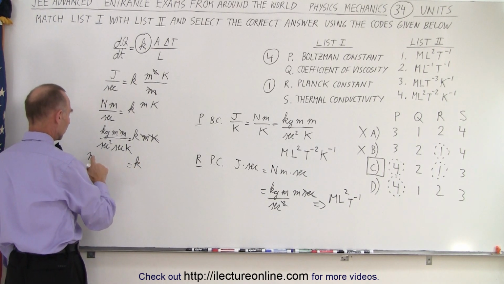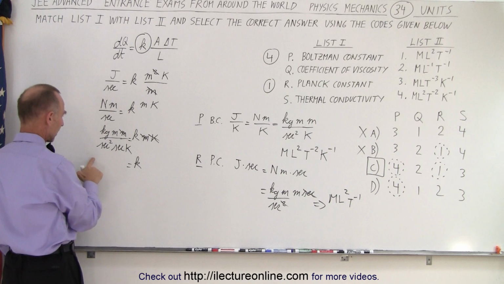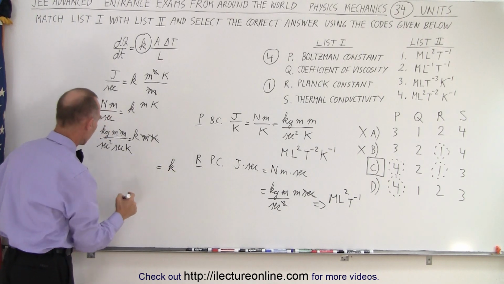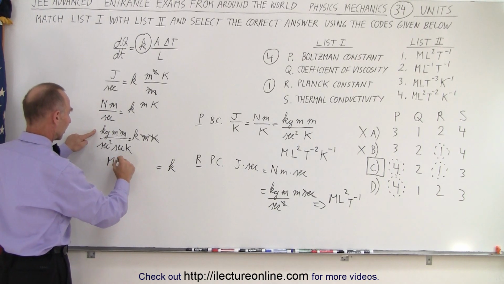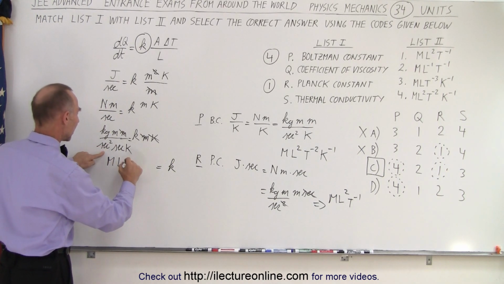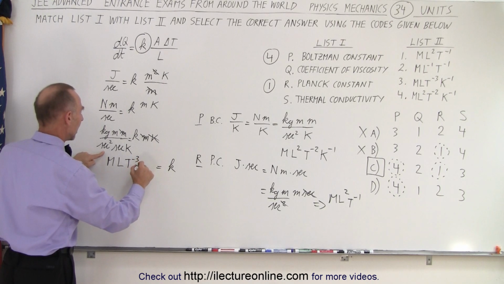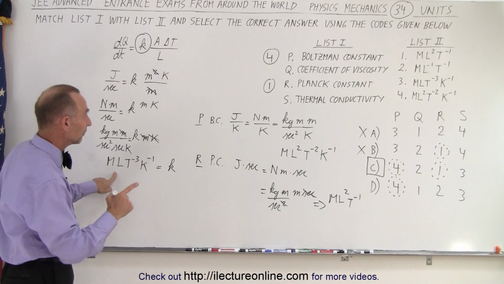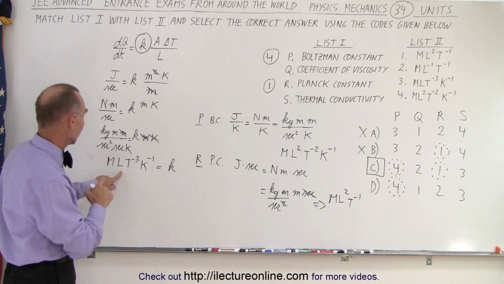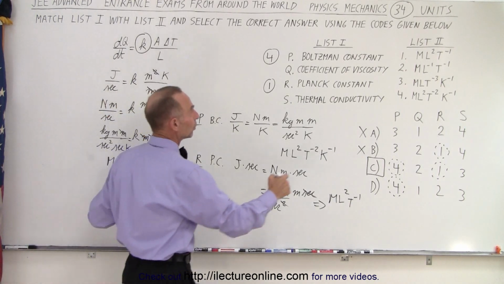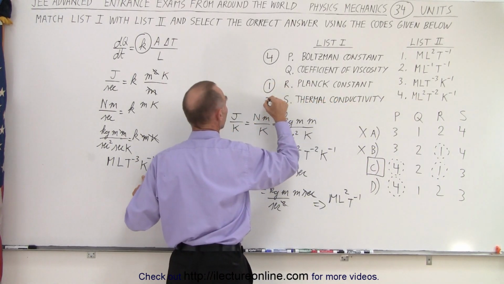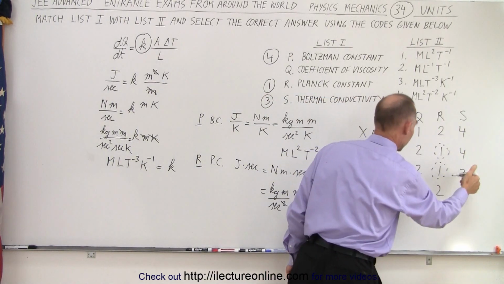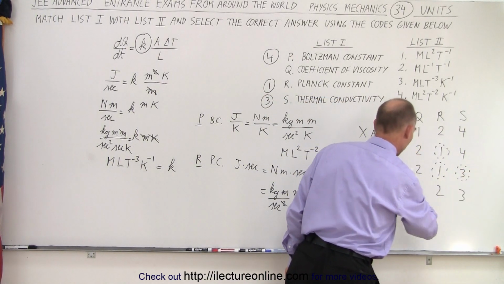I should use capital M, shouldn't I? All right, let me move it over just a little bit so you can see it. So on the left side, we have mass, length, time to the minus 3, and Kelvin to the minus 1. So this is for thermal conductivity, S. We have mass, length, T to the minus 3, K to the minus 1, which is 3. That goes over here. So S is 3. So let's see if we still have this correct. So S is 3, and sure enough, that is correct.